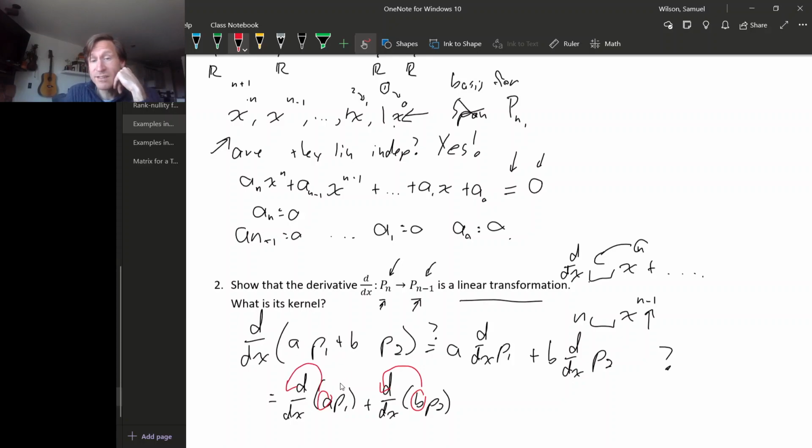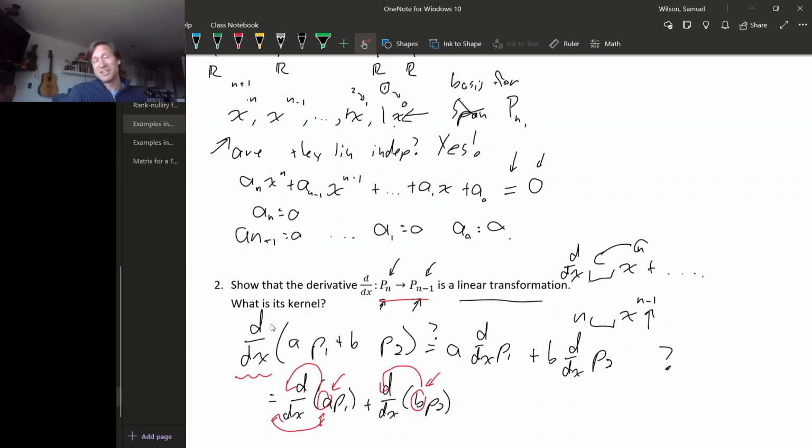For this to work, it is important that these scalars are constants. It's the fact that these are constants that lets us move these outside the derivative. Otherwise, we'd have to use the product rule instead. So the derivative satisfies the characteristic property of linear transformations, so it is a linear transformation.